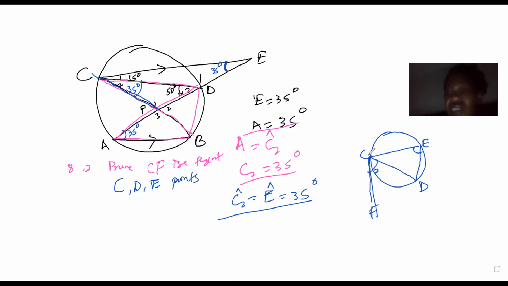This is a tangent, this is a chord. The angle between a tangent and a chord is equal to the angle in the other segment. So because of this, we can say that CF is a tangent. This is the converse of the tangent-chord theorem. Okay, so that is that.